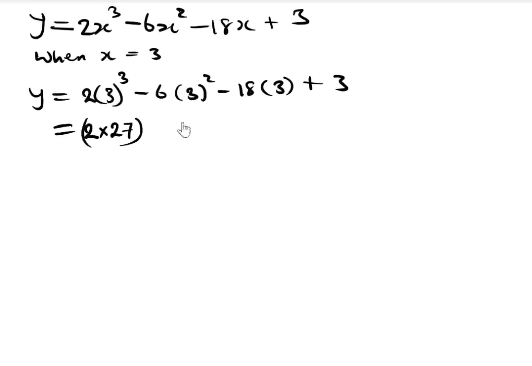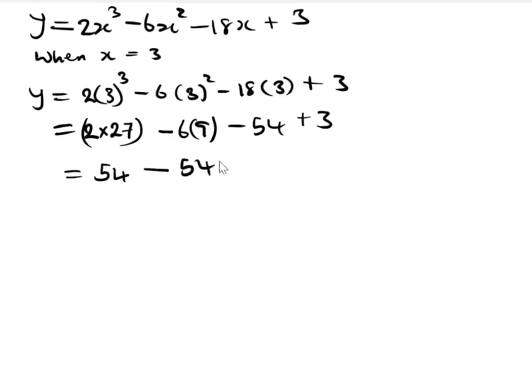2 multiplied by 3 cubed, which is 27, is 54. Minus 6 multiplied by 3 squared, which is 9, is minus 54. Minus 18 multiplied by 3 is minus 54. Plus 3.